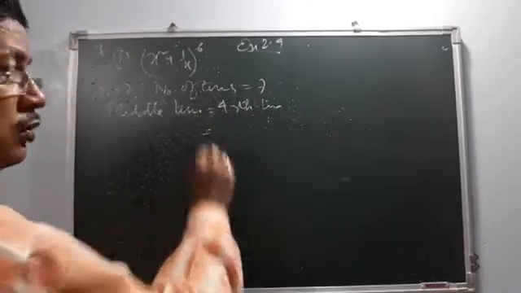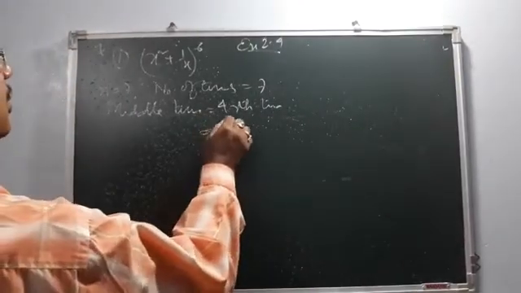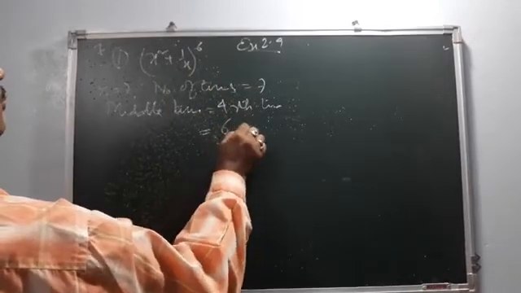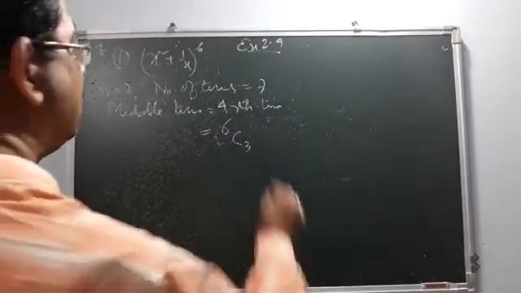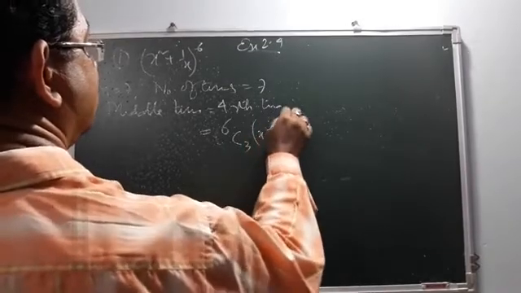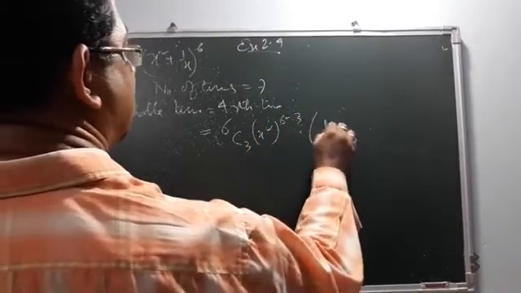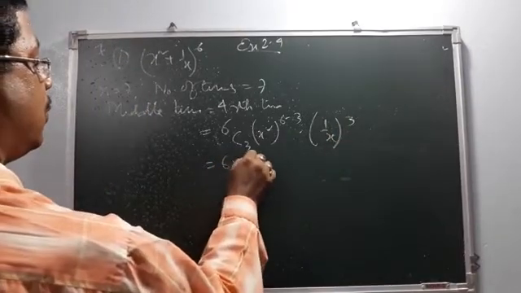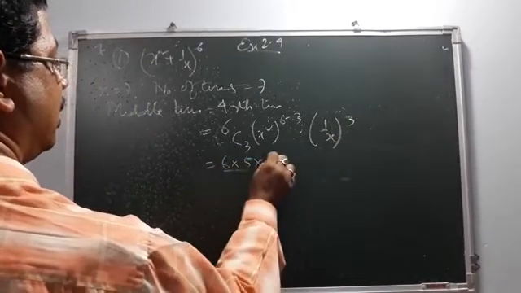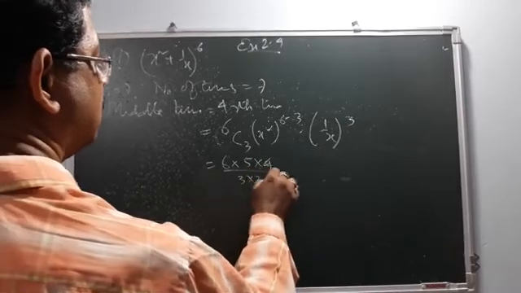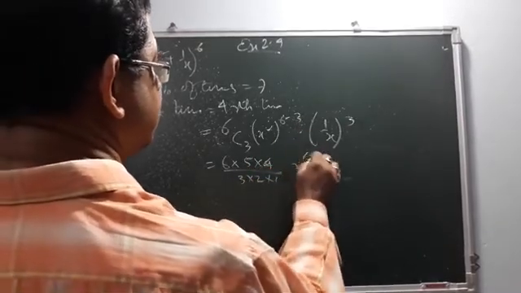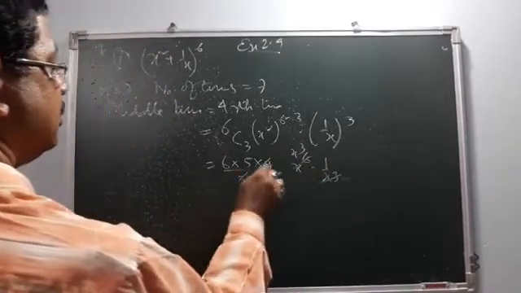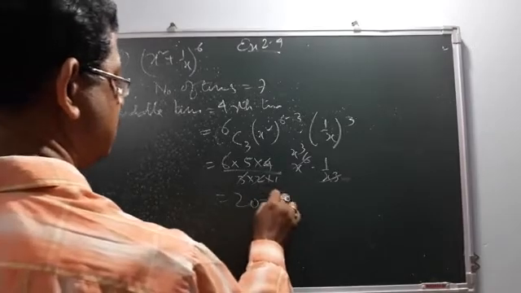So the fourth term, what will you write here? It is plus 6C3, not minus, and x squared to the power 6 minus 3, 1 by x to the power 3. 6C3 is 6 into 5 into 4 over 3 into 2 into 1. x to the power 3, so it is 20 x to the power 3.